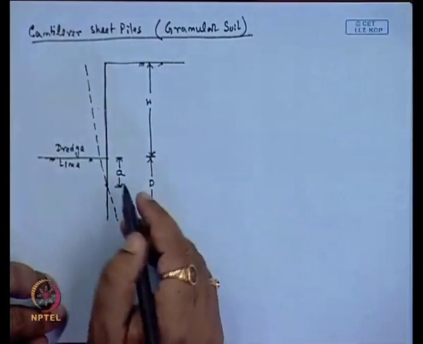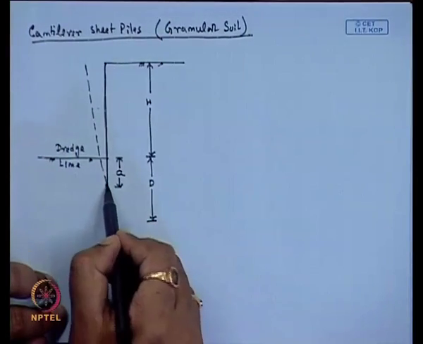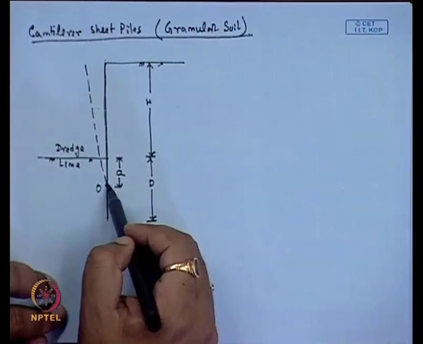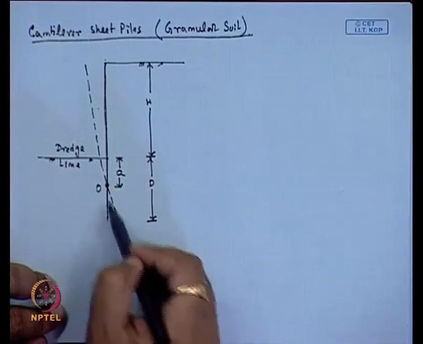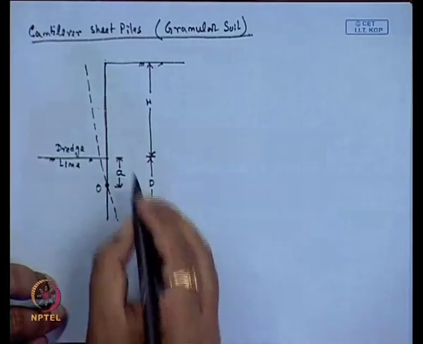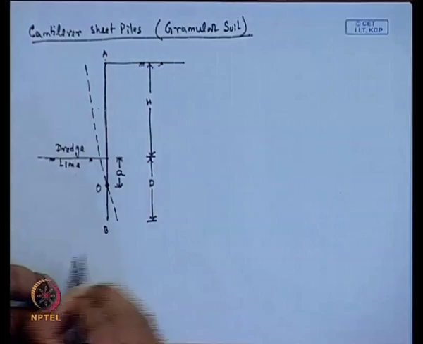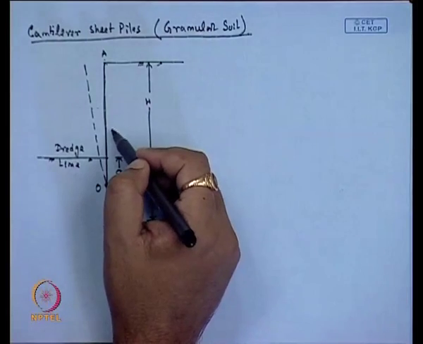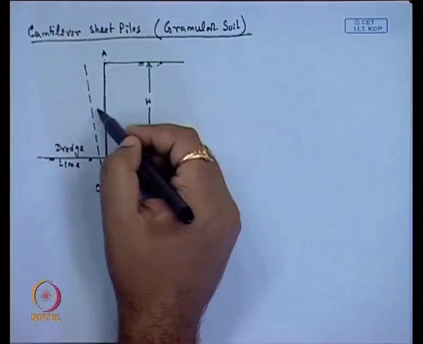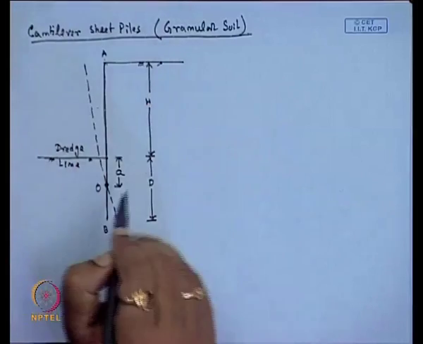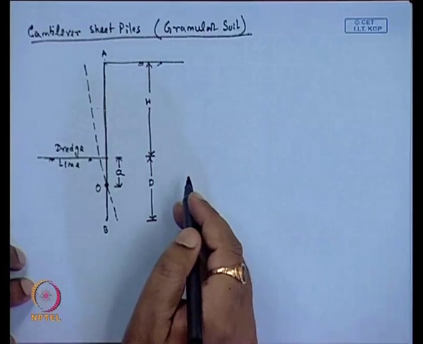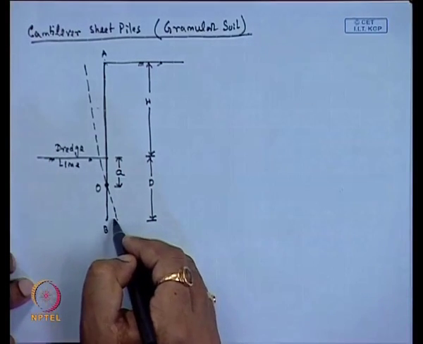On the right side, from the top to this point O, active resistance will act, because the deflection is towards the direction of the force, and from O to the base B, passive resistance will act.